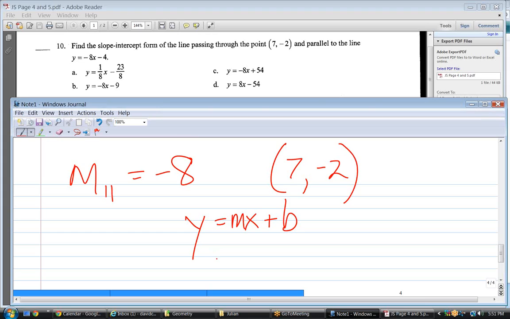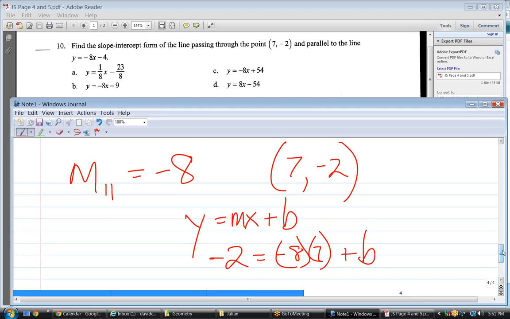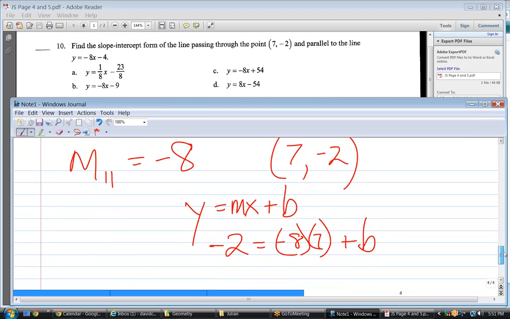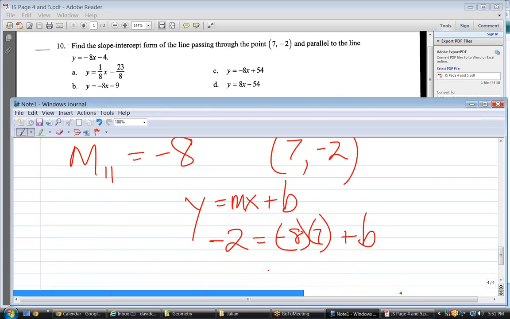So -2 equals 7 times -8. Good. Plus b. Is that -56? Uh-huh.